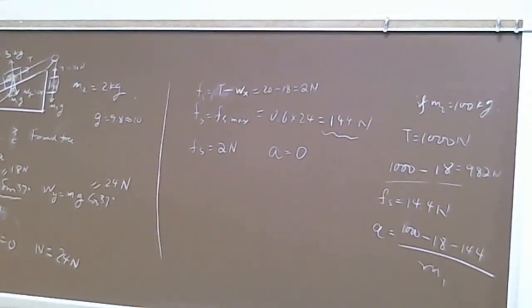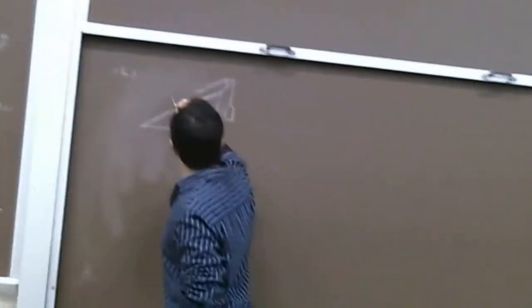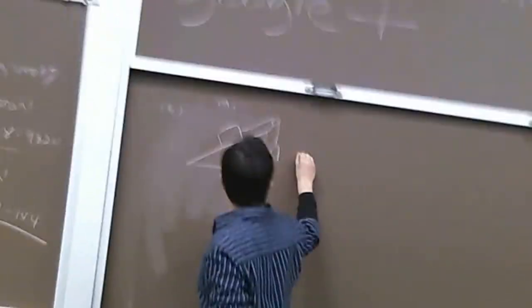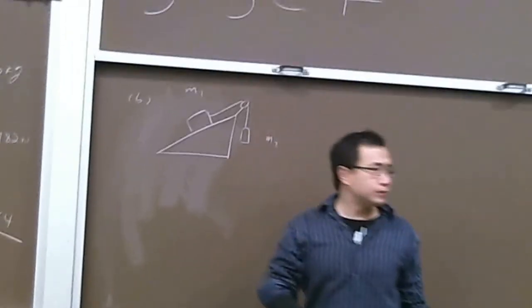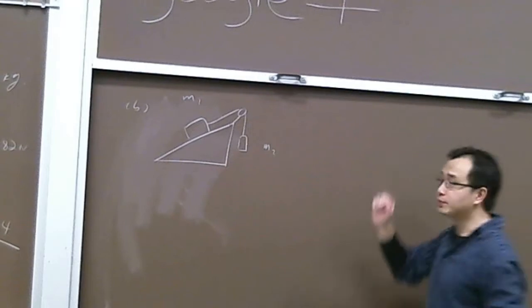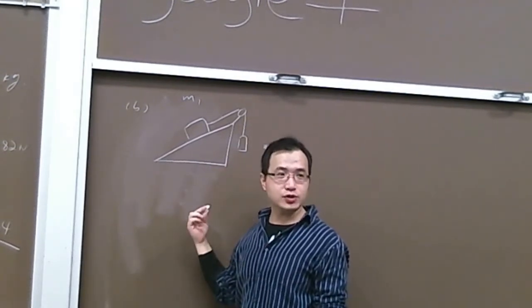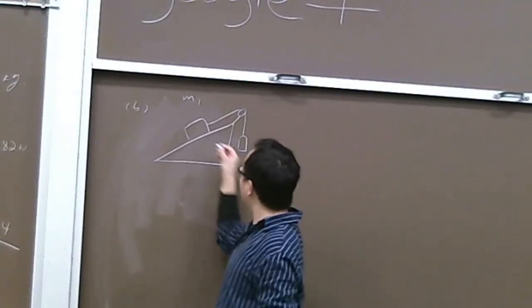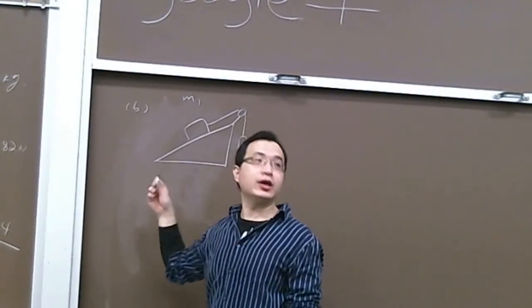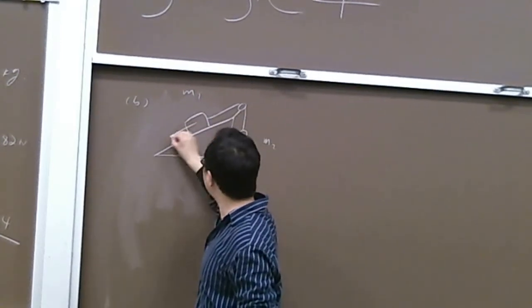Now, in this case, block 1 is moving up, so it's already moving, and you have the kinetic frictional force. Kinetic frictional force has a definite direction and definite value, so you don't have to decide it.